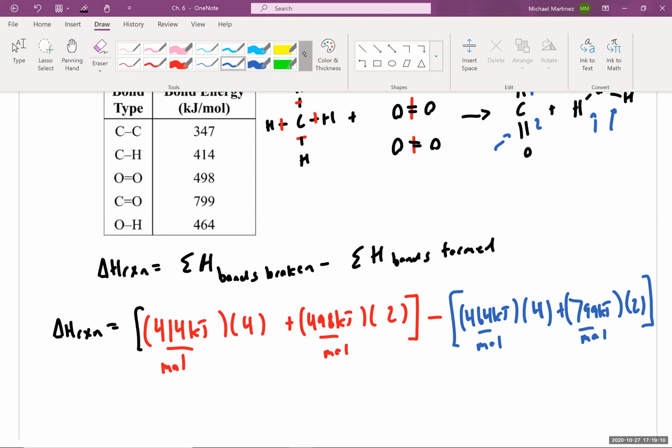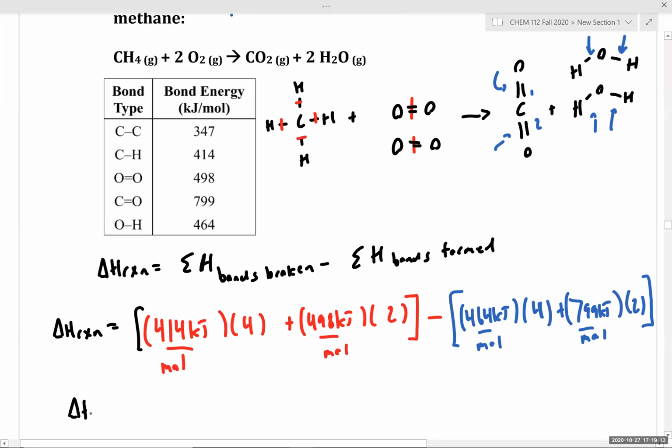So if we punch this into our calculator, that gives us an enthalpy of reaction of negative 802 kilojoules per mole of carbon dioxide produced.